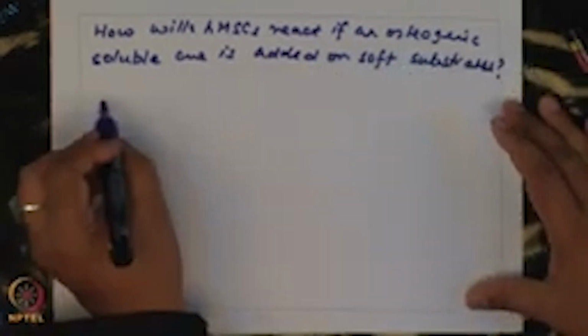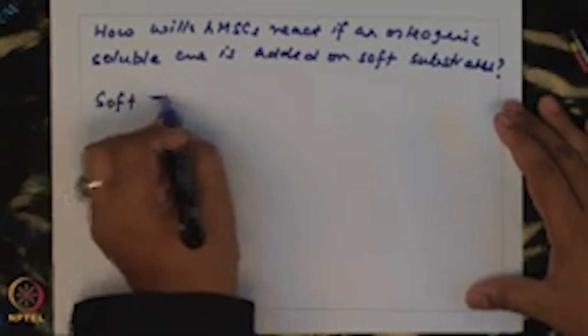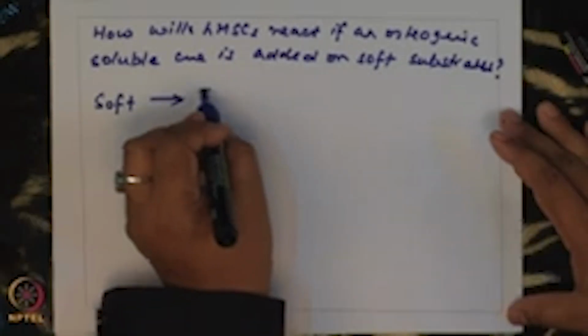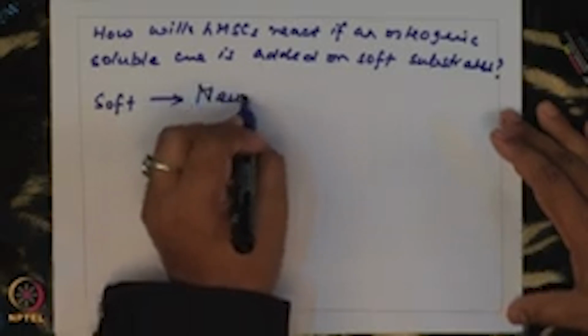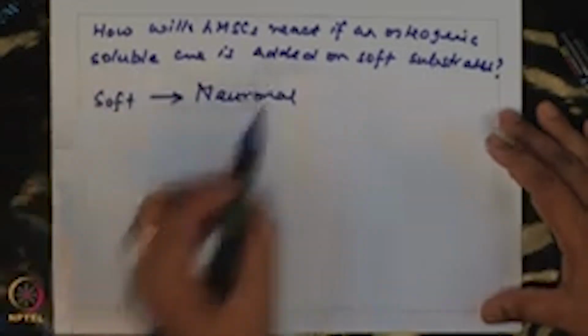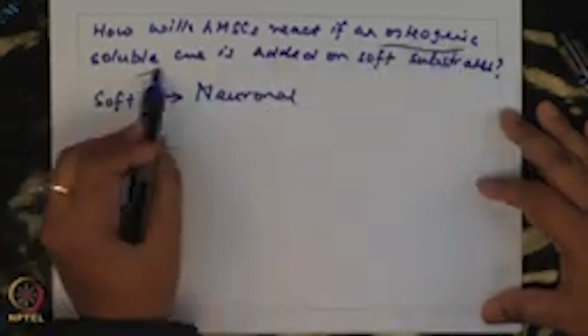Okay. So, on soft, you know, from the physical cue the cells tend to differentiate into neuronal lineage, right, and you are confusing the cell by putting an osteogenic soluble factor.